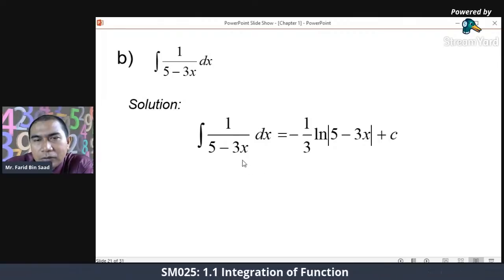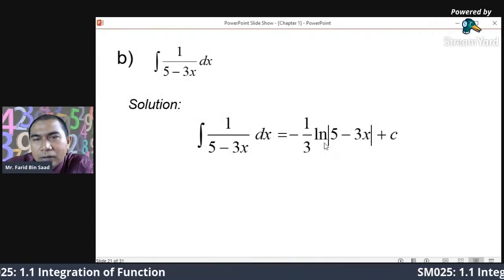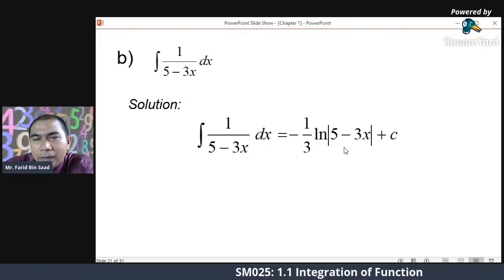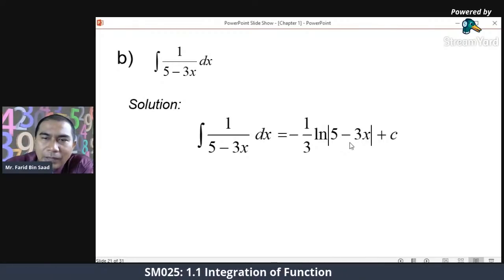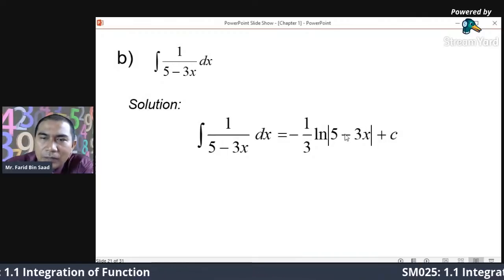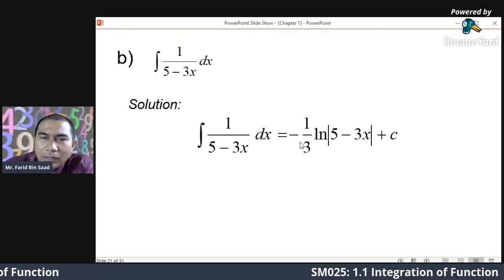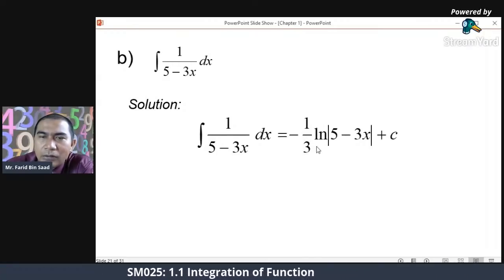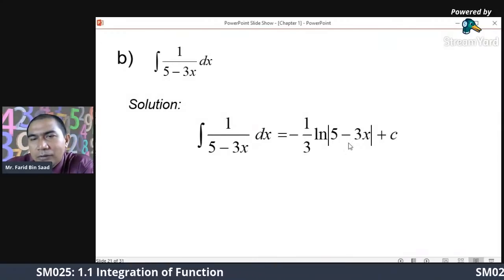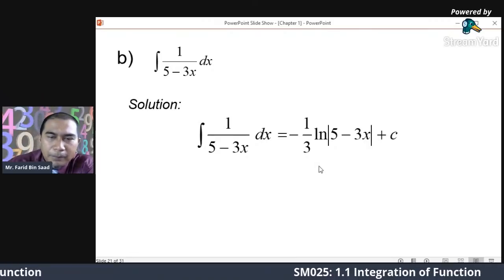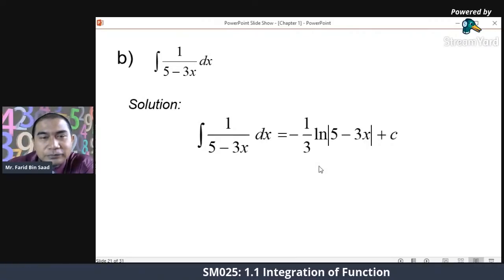So when we integrate, it will get ln 5 minus 3x. And then don't forget to divide by f prime x. That means we differentiate 5 minus 3x, so we get minus 3. So the answer is minus 1 over 3 ln 5 minus 3x plus c. Yeah, plus c. Okay, next.